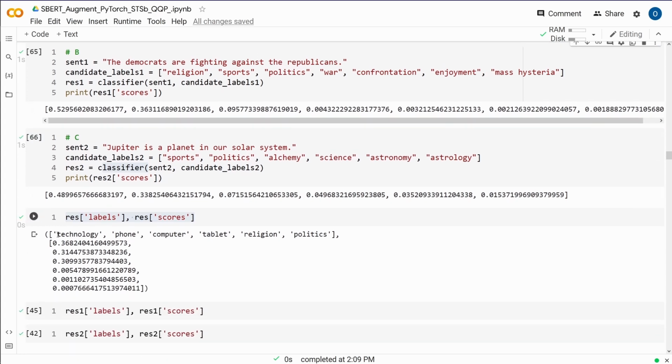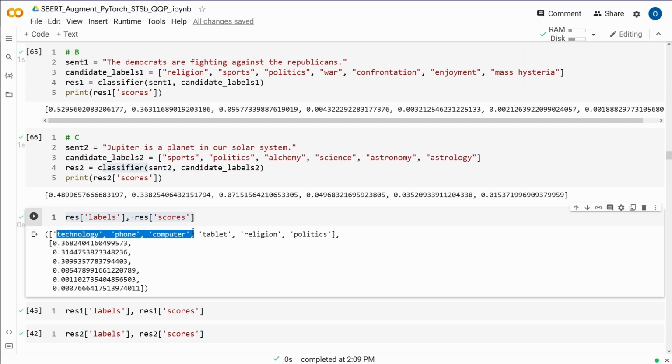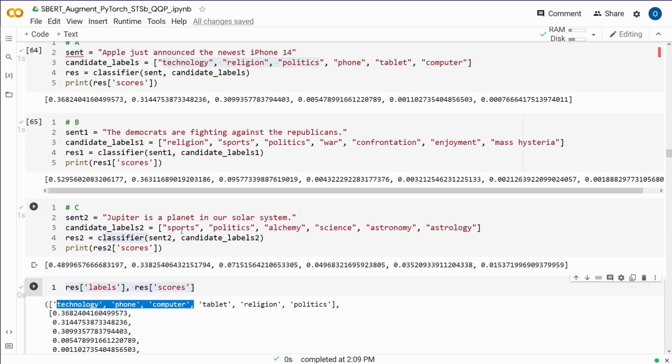But now in the dictionary, the result was technology, phone, computer as the first three. There we go, you see? And now it makes sense, because if I look at the first three scores that are above 0.0 something, the most significant belongs to technology, phone, and computer.